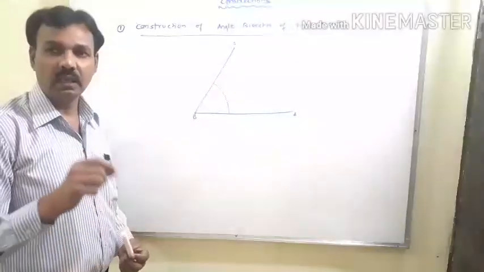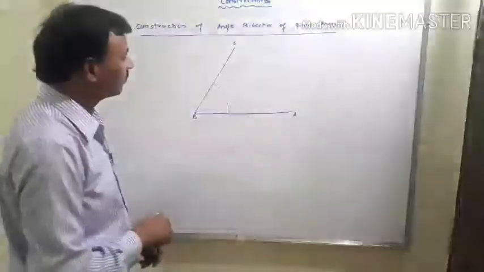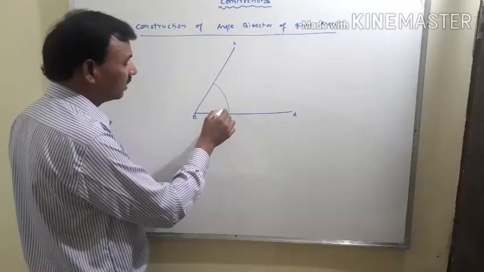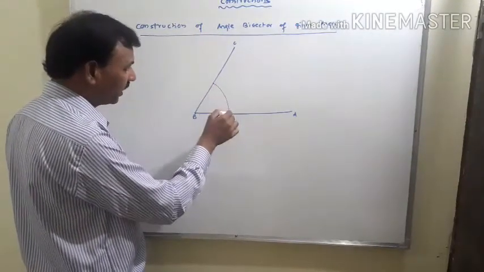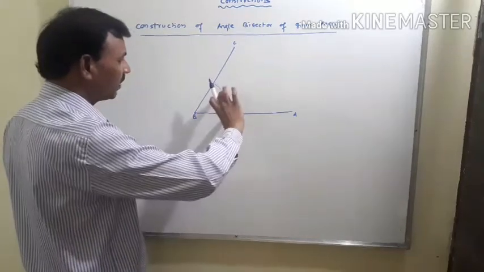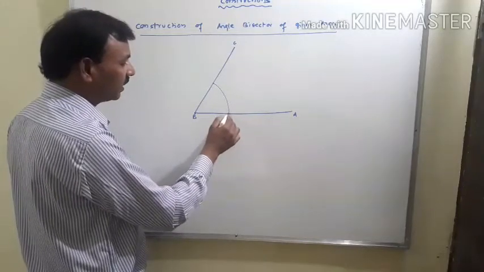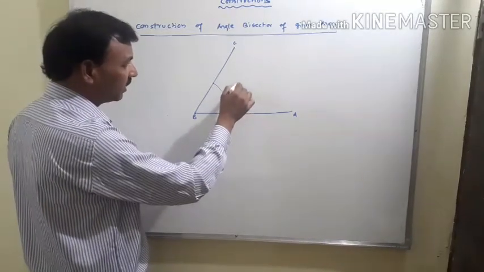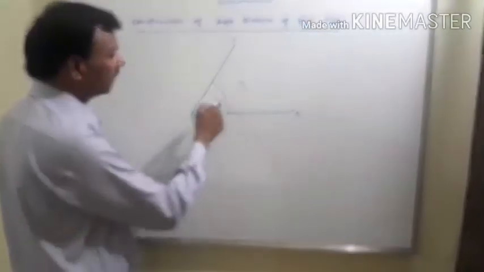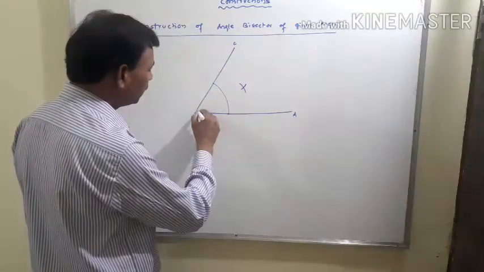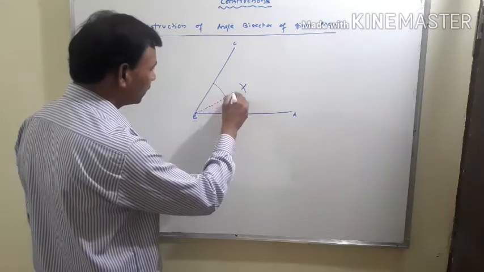Every student can take various radii. Then take a distance in the compass more than half the length of this arc, and cut another arc from this point, outside of this arc, and with the same radius cut from the other point, like this, and join B to the intersection point of both arcs.